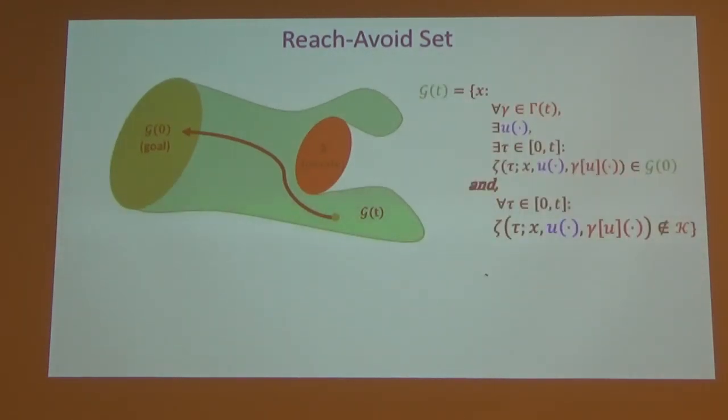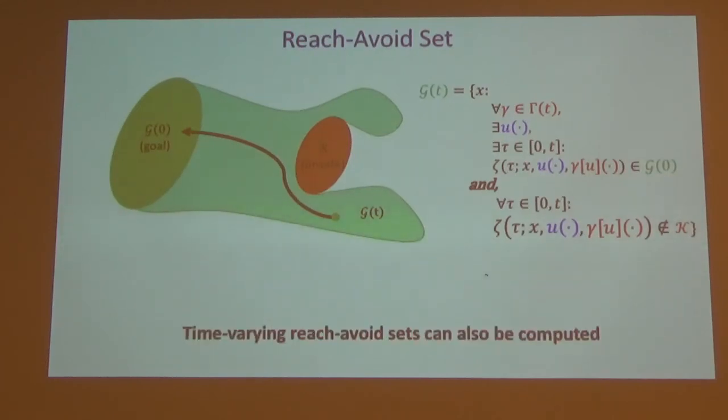But really, the mathematical definition of this set is exactly the same. This part is exactly the same as the goal state, but now there is an additional part which says that at any time you shouldn't be hitting the unsafe state. The good news is that this set can also be computed in a similar fashion. It's equivalent to solving a single Hamilton-Jacobi PDE. And the cherry on the cake is that these sets can be time varying.